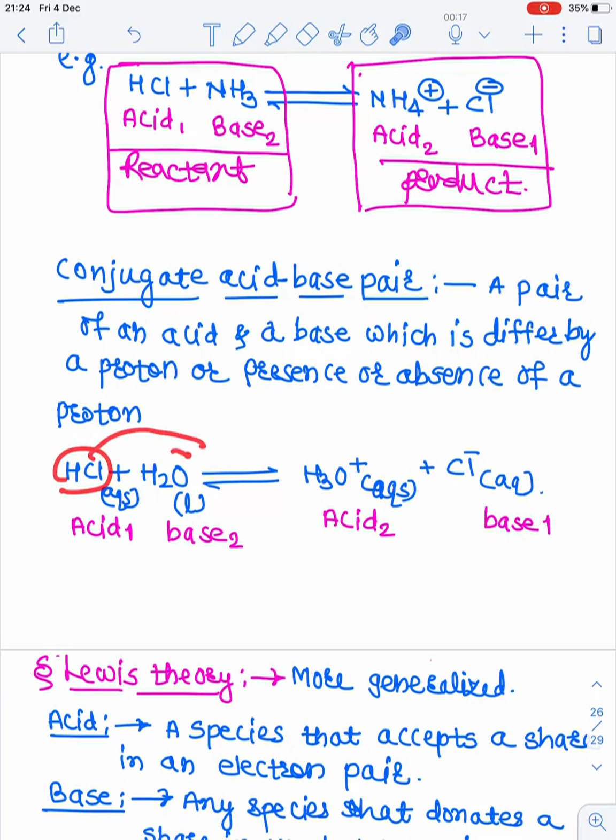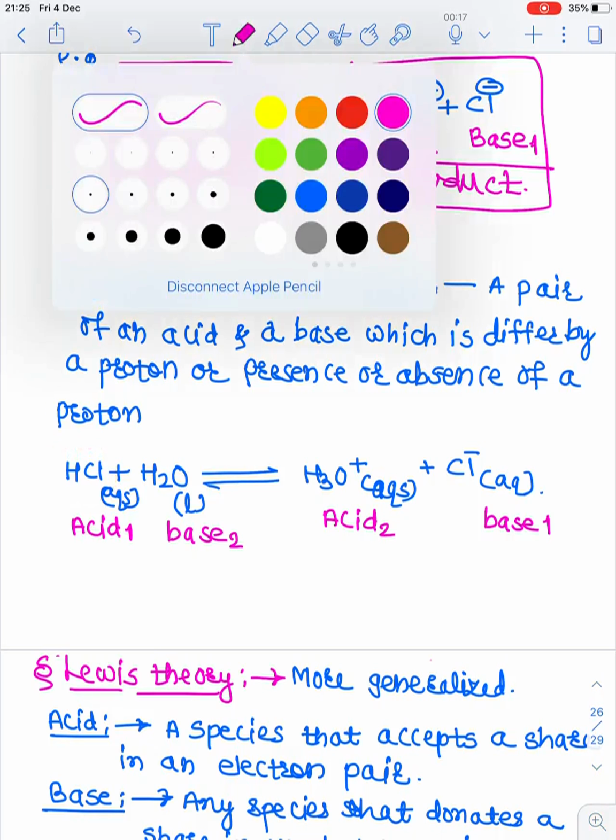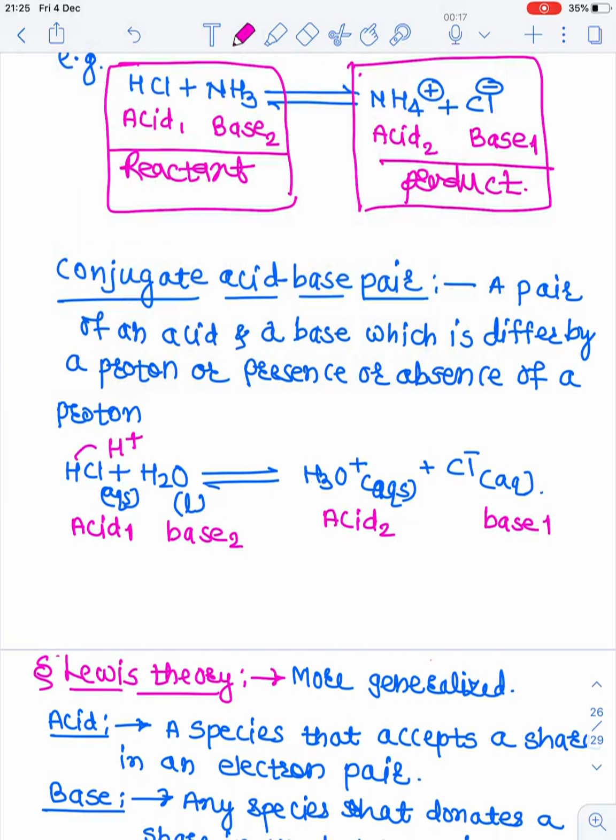Whenever an acid donates a proton, it changes to a base. Now consider this HCl. The HCl will donate the proton, that is the H positive ion. Suppose it donates an H positive ion, then it will get converted to a base.